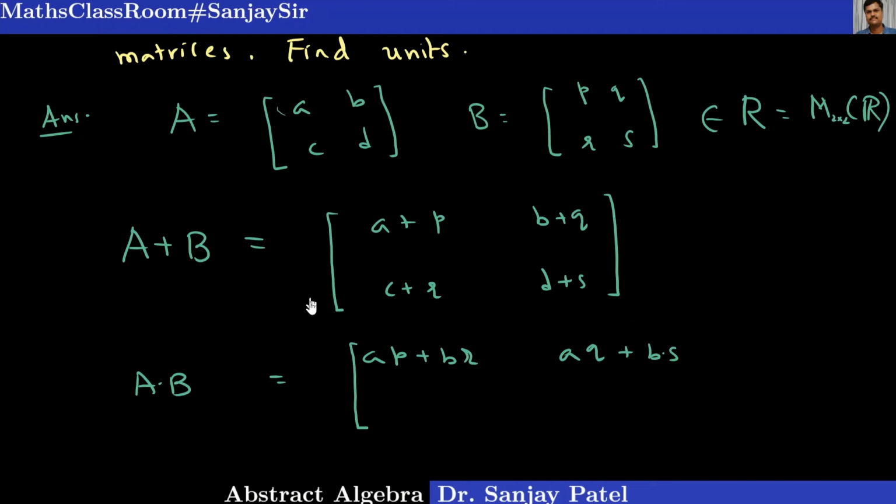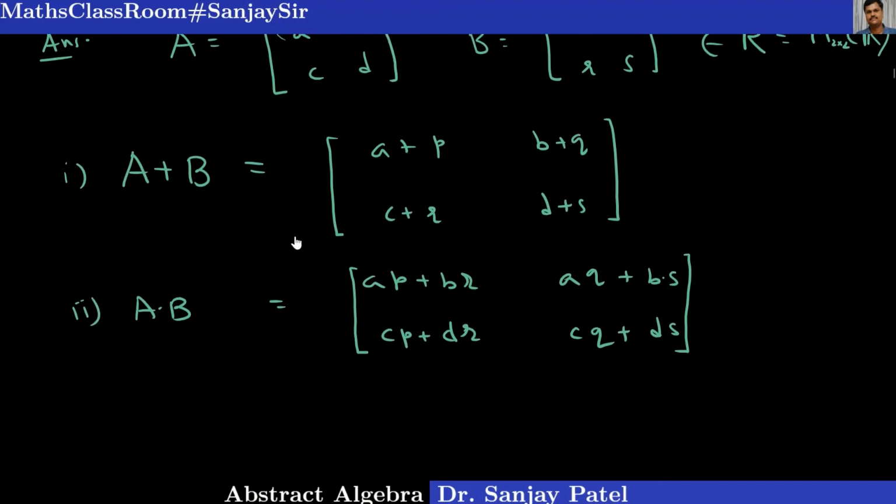Then the second row for the second element: CP plus DR, and then C into Q plus D into S, so CQ plus DS. So this is the multiplication of the two matrices. This is the first operation, this is the second operation.